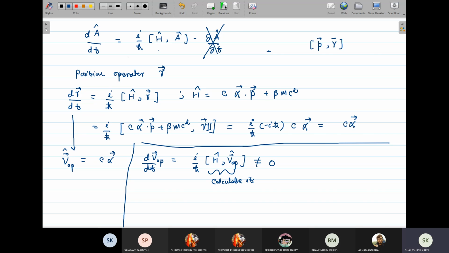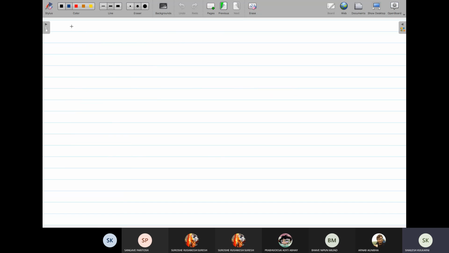What about dp by dt? This will be i by h cross, the commutator of H with P. But you see, H is c alpha dot P plus beta mc square.